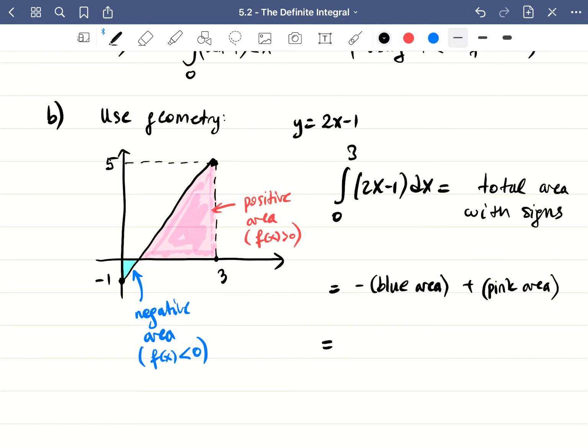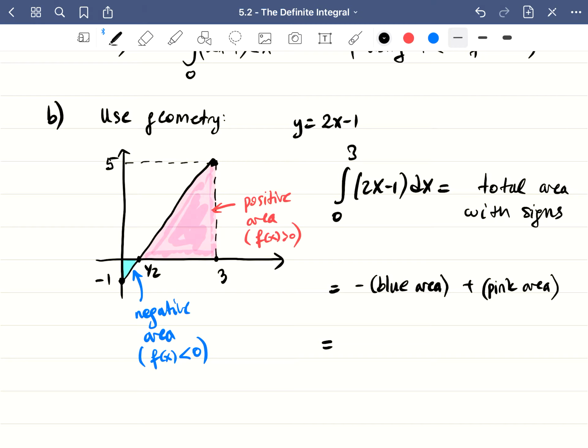So what is that? The blue area is equal to, now this side, by the way, if you want to plot this point here, this is exactly when y is equal to 0, so that x is 1 over 2.